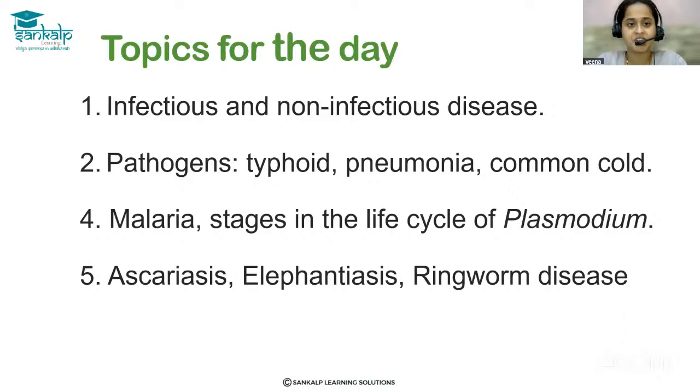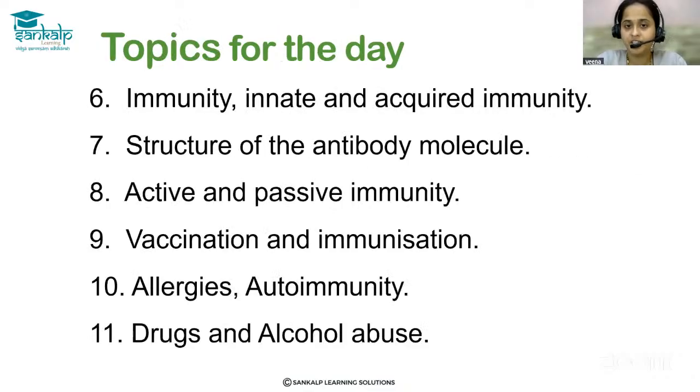So in today's session we are going to cover in this topic first one, infectious and non-infectious disease, and then second one, pathogens, typhoid, pneumonia, common cold, and then third one, malarial stages in the life cycle of plasmodium, and then ascariasis, elephantiasis, ringworm disease, and then immunity, innate immunity, and about the acquired immunity we are going to discuss here.